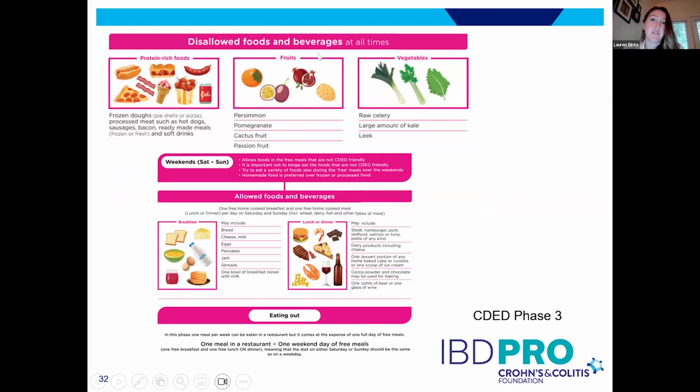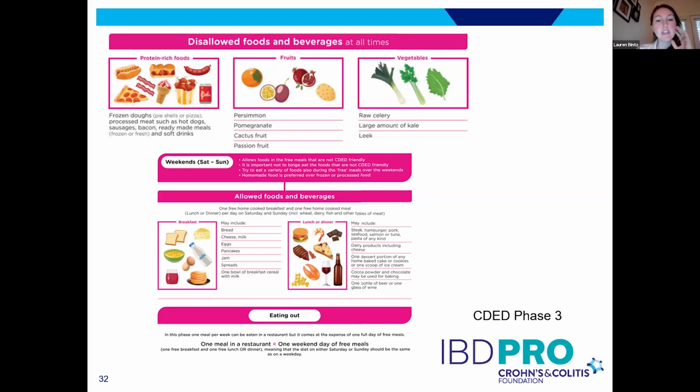There are some disallowed foods at all times still on this phase: raw celery, large amounts of kale, persimmons, pomegranates, very, very processed foods like frozen donuts, processed meats, fast foods, fried foods, etc.